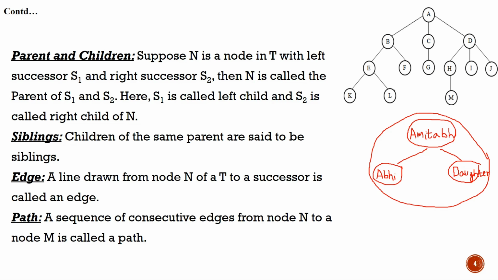The children of the same parent we call siblings. If I take the example of Sunny Deol, Bobby Deol and Dharmendra, Dharmendra will be the parent, and Sunny and Bobby are the brothers. So Dharmendra will be a node with two children, one Sunny Deol, the other Bobby Deol.